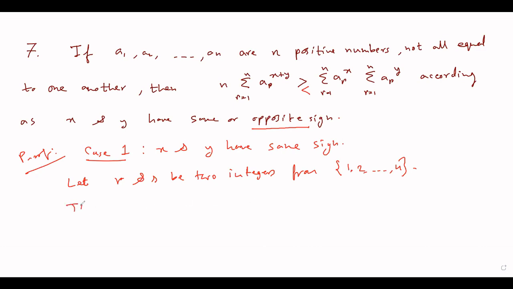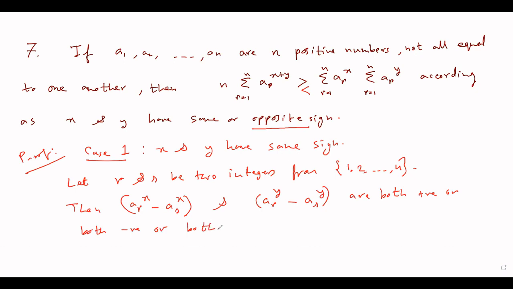That is, the claim is ar to the power x minus as to the power x and ar to the power y minus as to the power y. These two expressions are either both positive or both negative or both equal to 0.